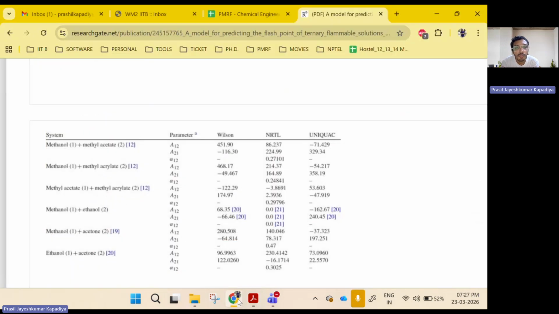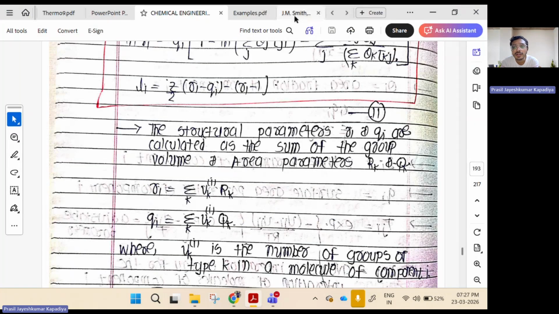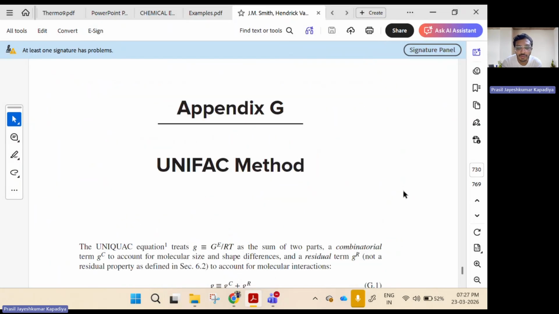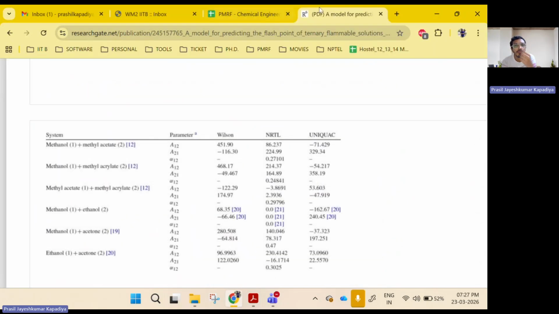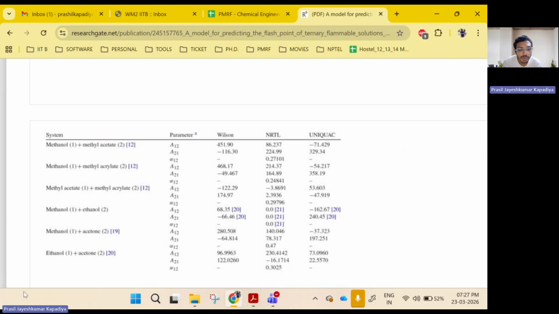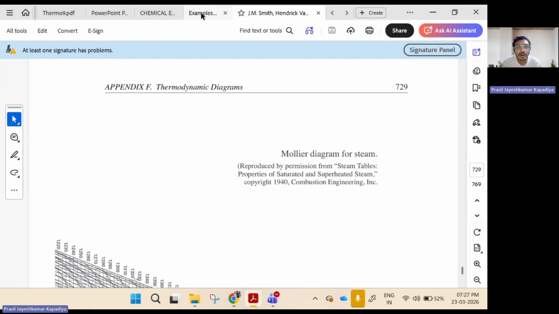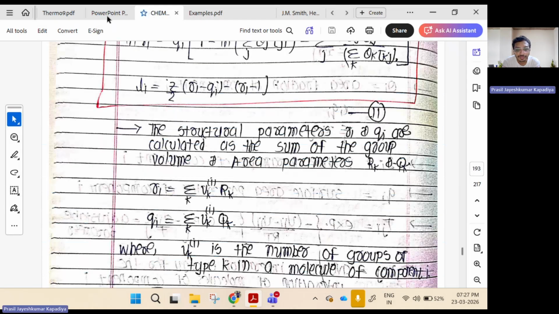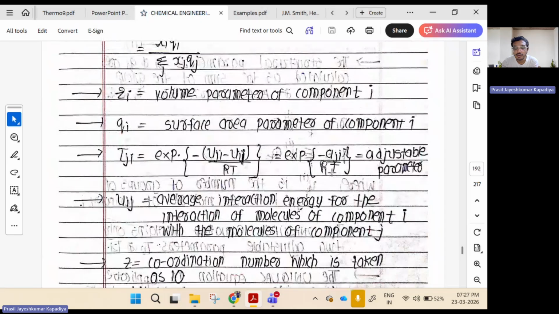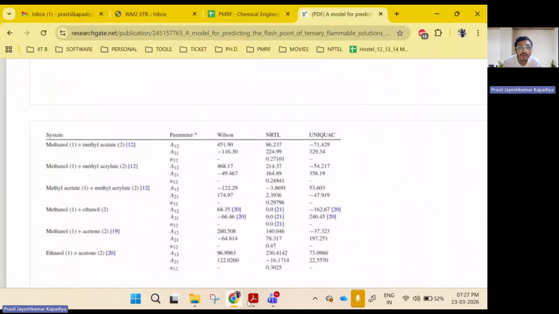If you open, I guess this book has it. See, no, this is UNIFAC, not UNIQUAC. Okay, so the UNIQUAC model. See here, A12 and A21 are there. These parameters we need to know. In the case of the UNIQUAC model, see A12 and A21 in this particular term. Here we need to know A12 and A21.